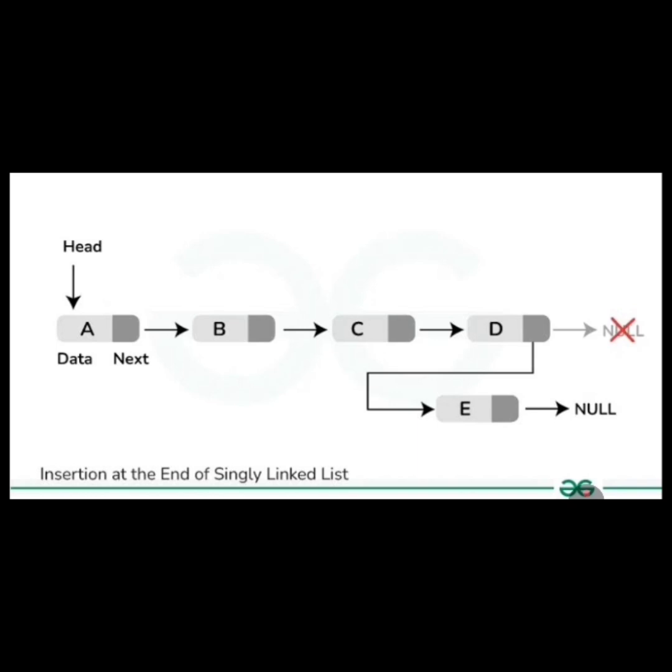That means here D points to null, but we removed that null, and in the place of null we inserted another node E. So D points towards E and then E points towards null, and this is insertion at the end in a singly linked list.